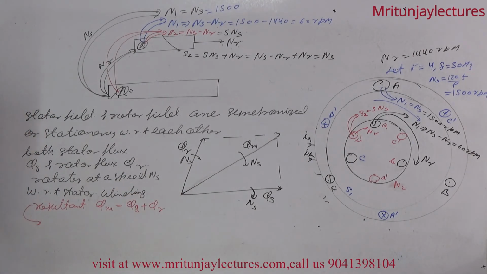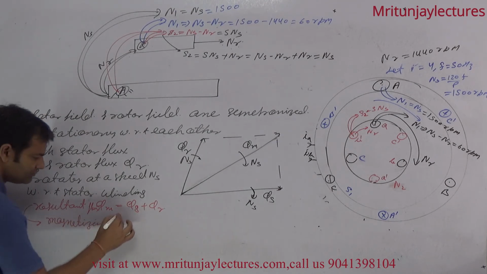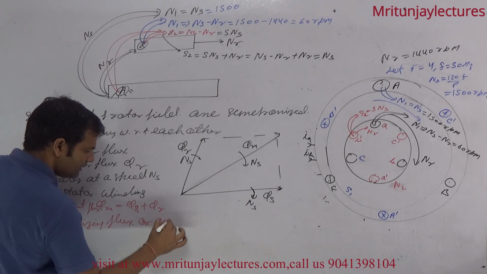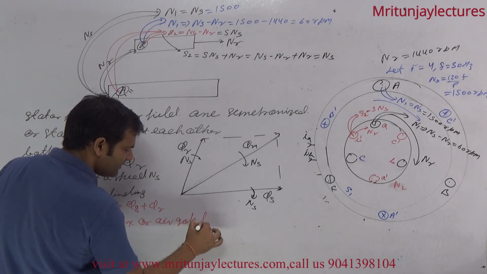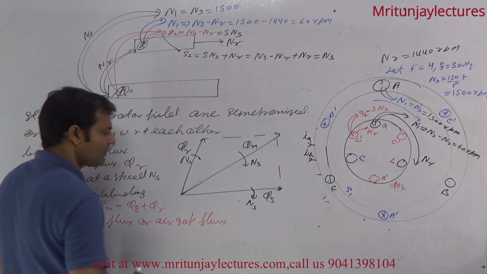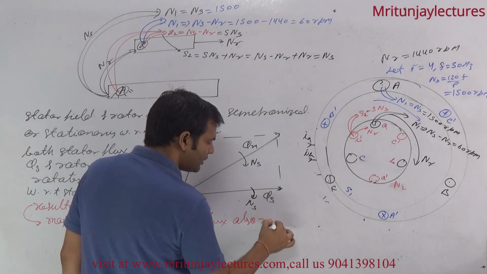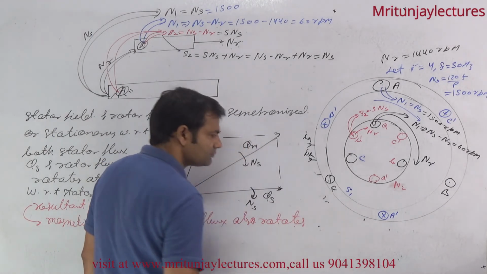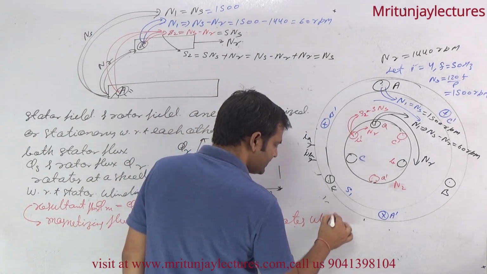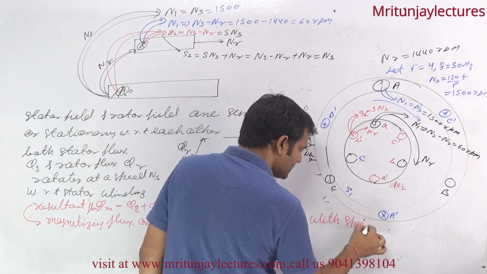This resultant flux, also called magnetizing flux or air gap flux, also rotates with speed Ns.